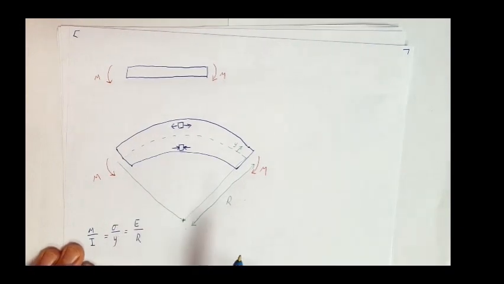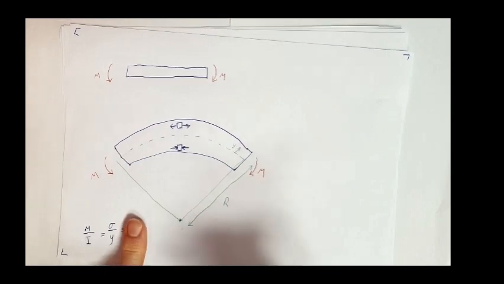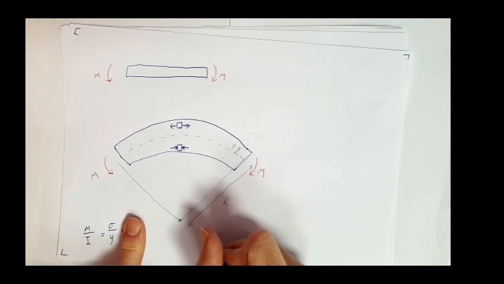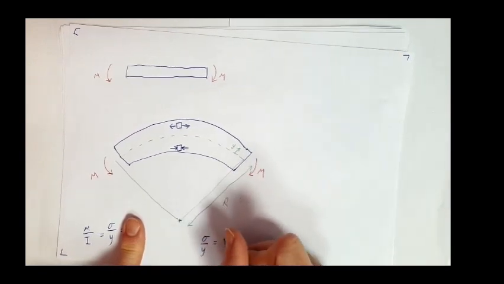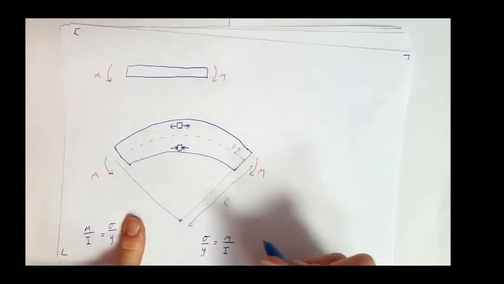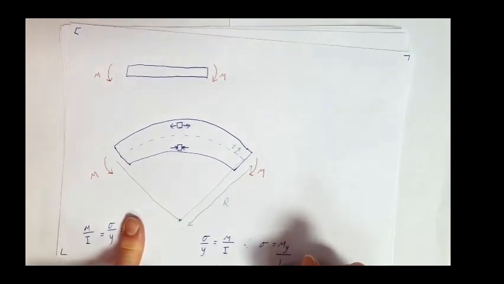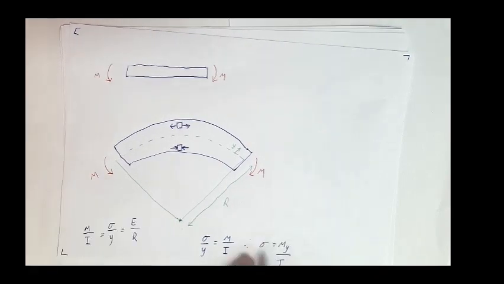So what can we show here? Well, if we ignore these terms here, what do we get? We end up with sigma over Y equals M over I. So therefore, sigma equals My over I. So what does that tell me?